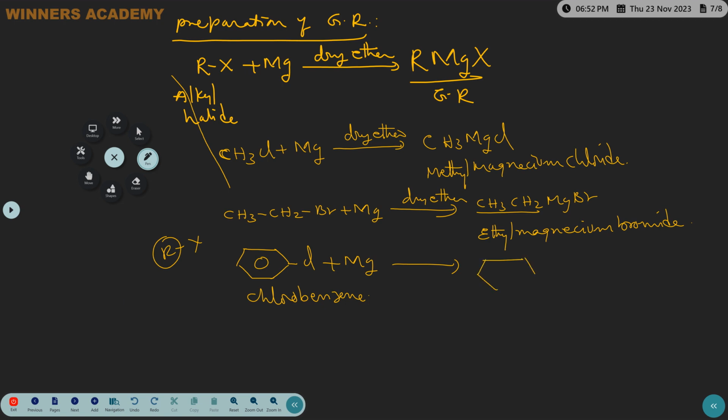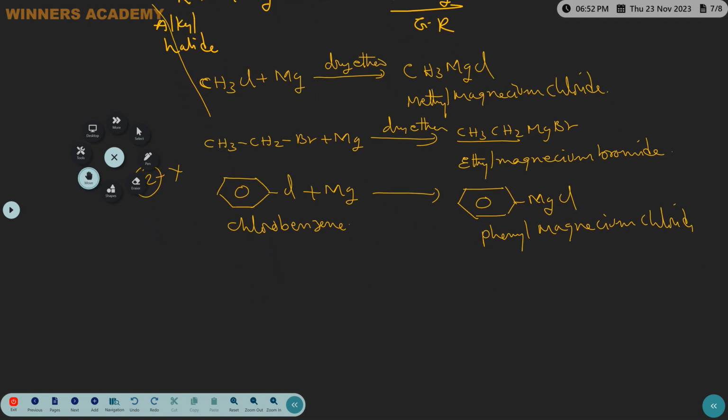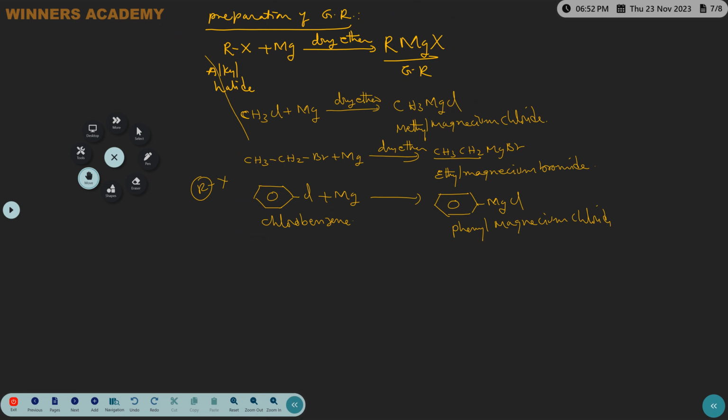This group is called phenyl, so phenyl magnesium chloride is formed. It is also Grignard reagent, RMgX. So those are all Grignard reagents. All are Grignard reagents.